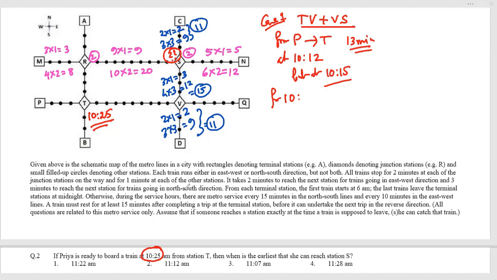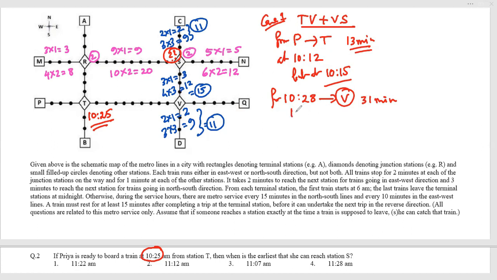So from 10:25 plus 3, so 10:28 up to V, the reaching time requirement, I know that here 29 and another 2 means 31 minutes to add. So it should be 10:28 plus 31, 10:59.